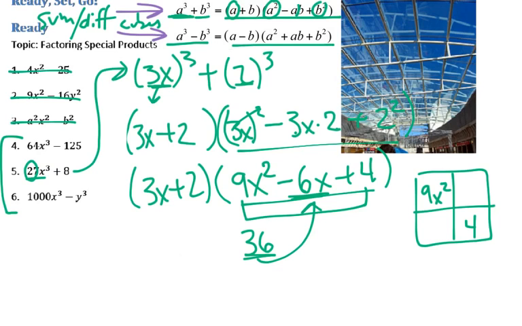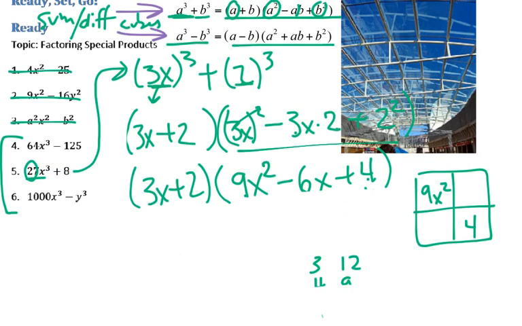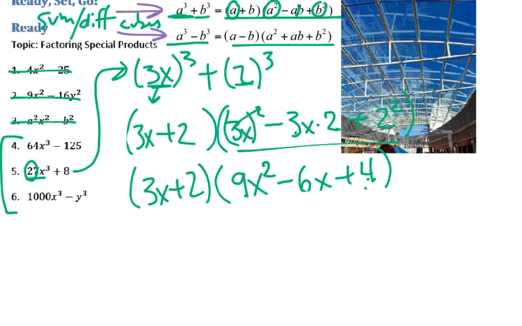Well, 1 and 36, definitely won't. 2 and 18, no. 3 and 12, no. It may be that we can't factor this, but we've got to check. 4 and 9, and 6 and 6. So this doesn't have anything that we can factor further, so we would just leave it like that. We could use the quadratic formula to see exactly what those factors would be if we really wanted to, but we're not going to worry about that here.